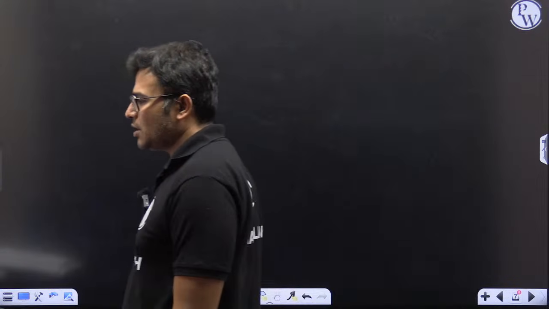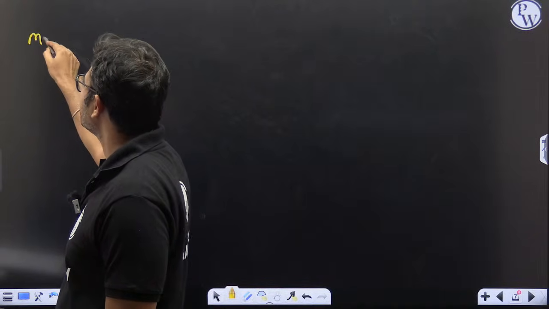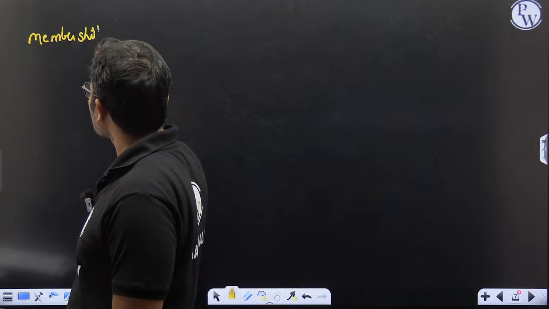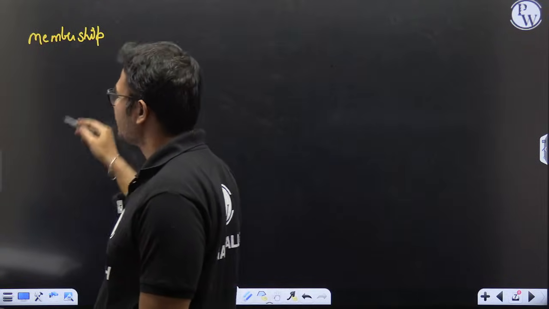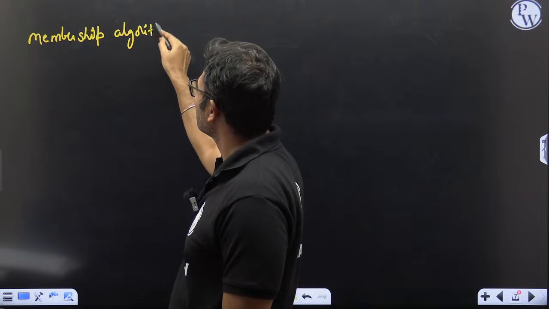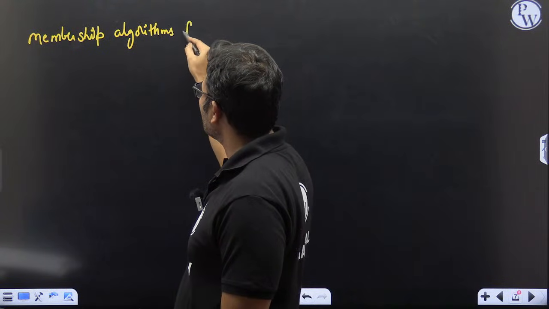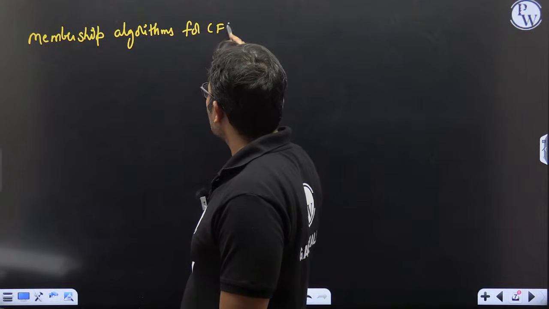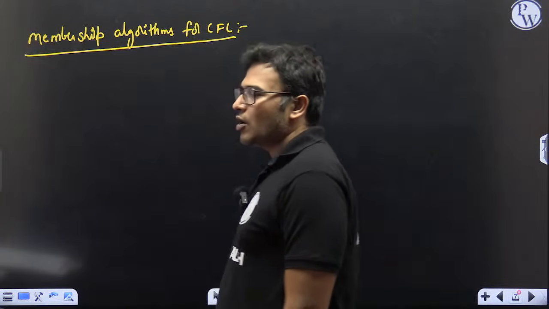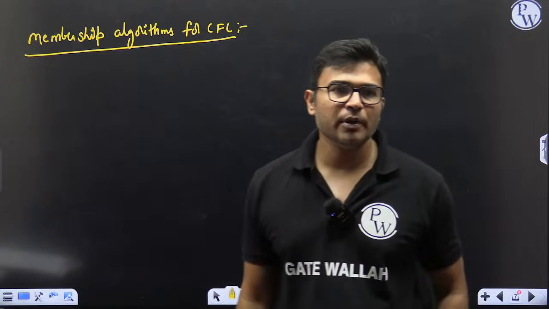So what are the various membership algorithms for context-free languages? We have already seen one membership algorithm, if you remember.